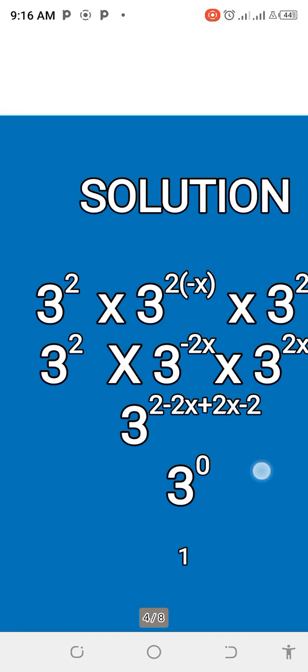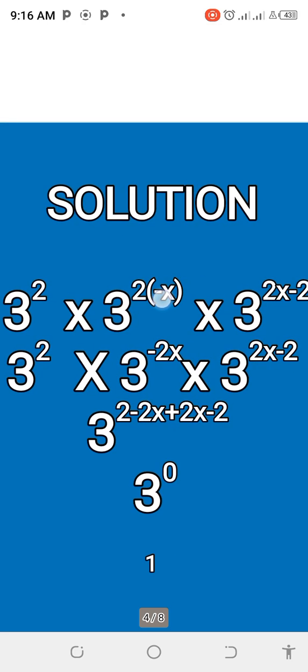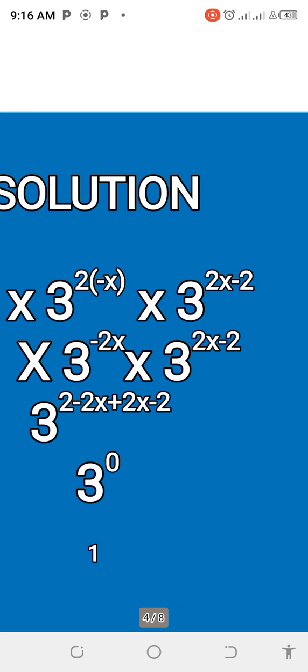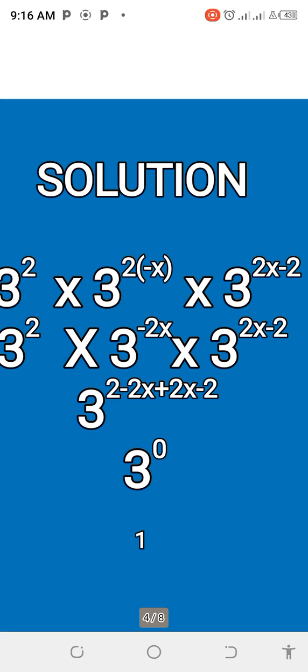So in trying to reduce it, 9 becomes 3 raised to power 2, times 3 raised to power 2 over minus x, times 3 raised to power 2x minus 2. Now all we are doing is multiplying, and when you are multiplying indices, you add their exponents.